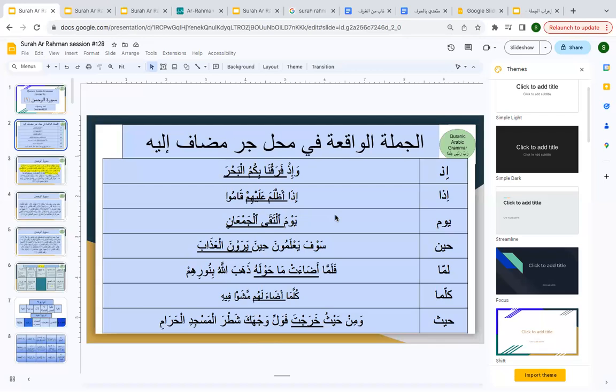You are going to know that this word is a mudaf and the sentence following it I have to treat as mudaf ilayhi, and they are going in the same bucket.